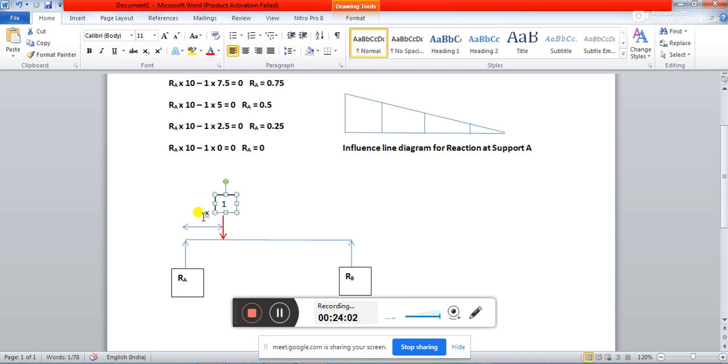If it is positioned at a variable position x, the value of x will change and the load will move. I can say the value of x is 2.5 meter.